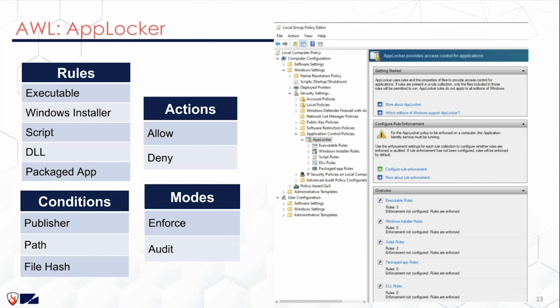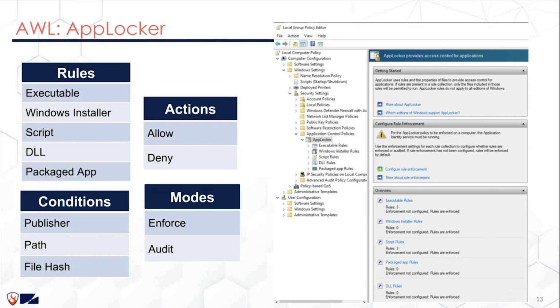But what's really nice about this is that it makes it easy to not only get granular, but to also control at a higher level, to start with default rules, which we will be doing shortly.